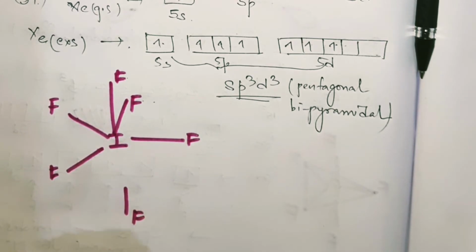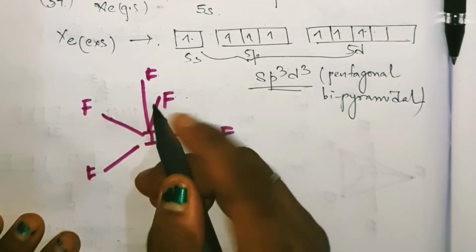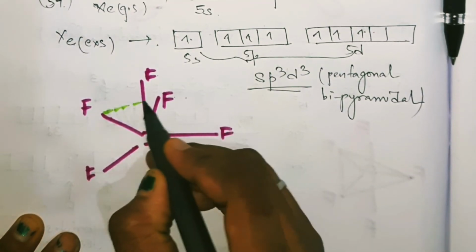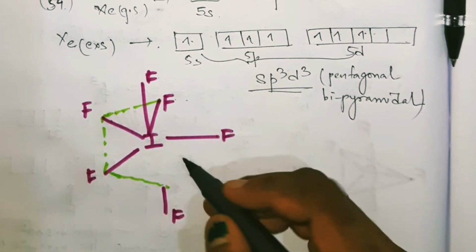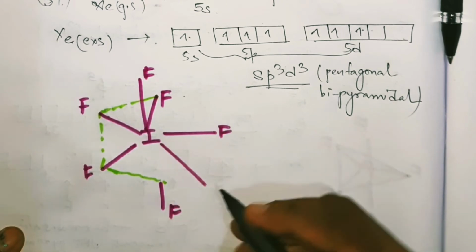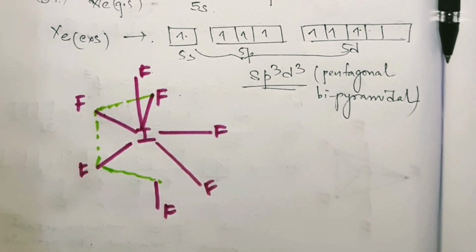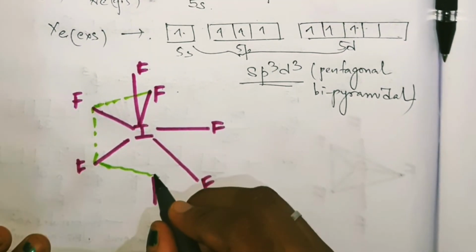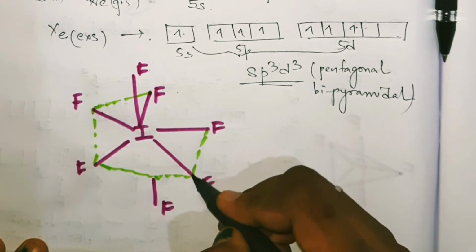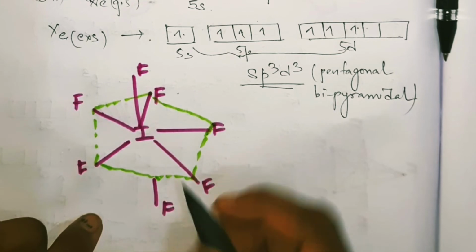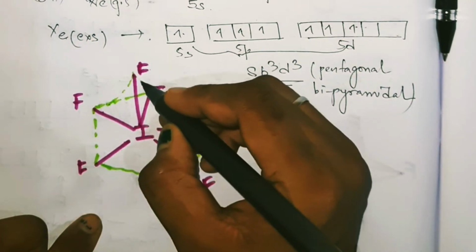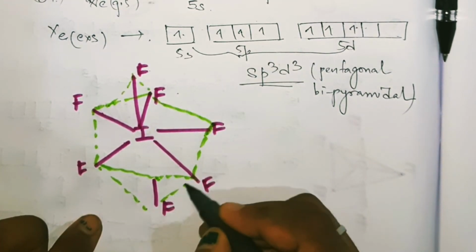Is it not looking like a pentagon? So if you go for the 3D spatial arrangement, it is looking like a pentagonal bipyramidal.